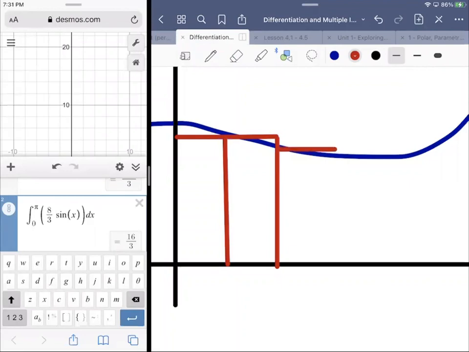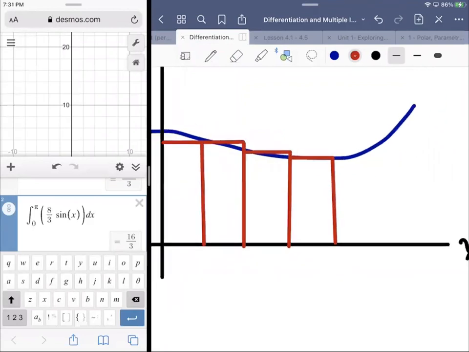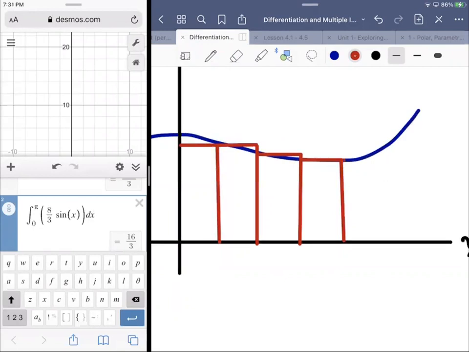It's that I've decided upon an arbitrary width for those rectangles. And so these end up being either an overestimate or an underestimate, but some kind of estimate for the area under the curve.